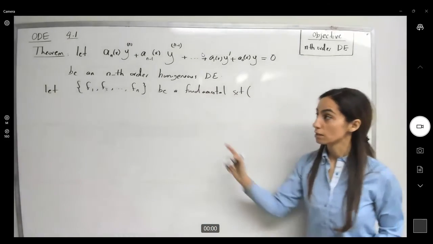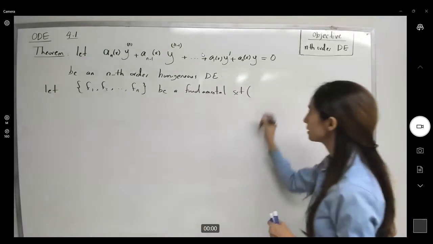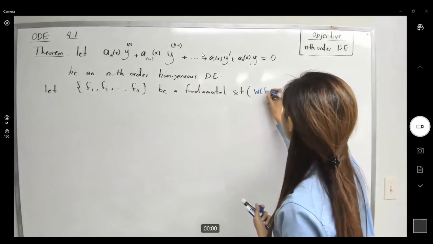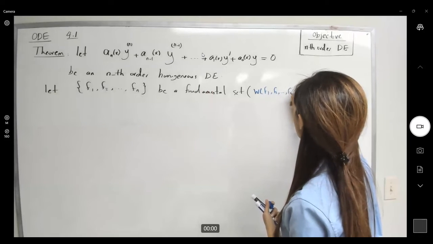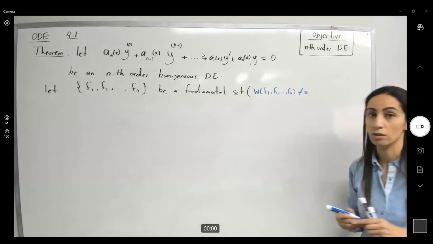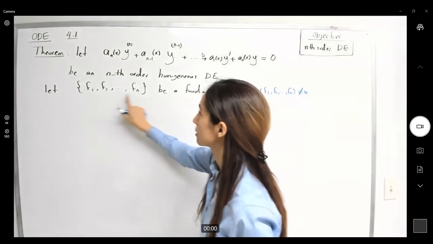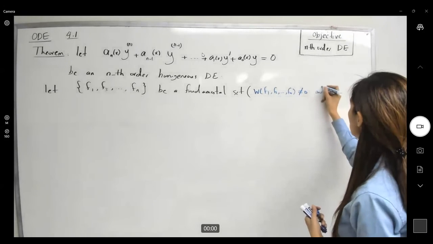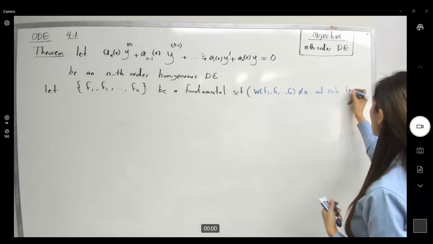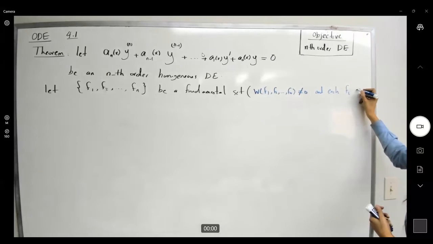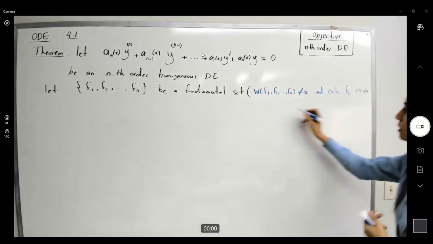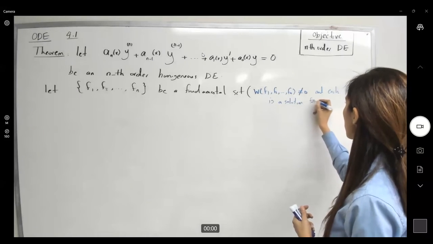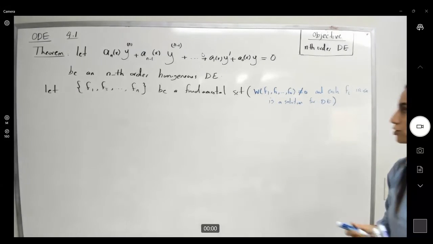It means that these are linearly independent, so the Wronskian of f1, f2, up to fn is not 0, and each one of these is a solution for this differential equation. Each f sub i, for i between 1 and n, is a solution for the differential equation.